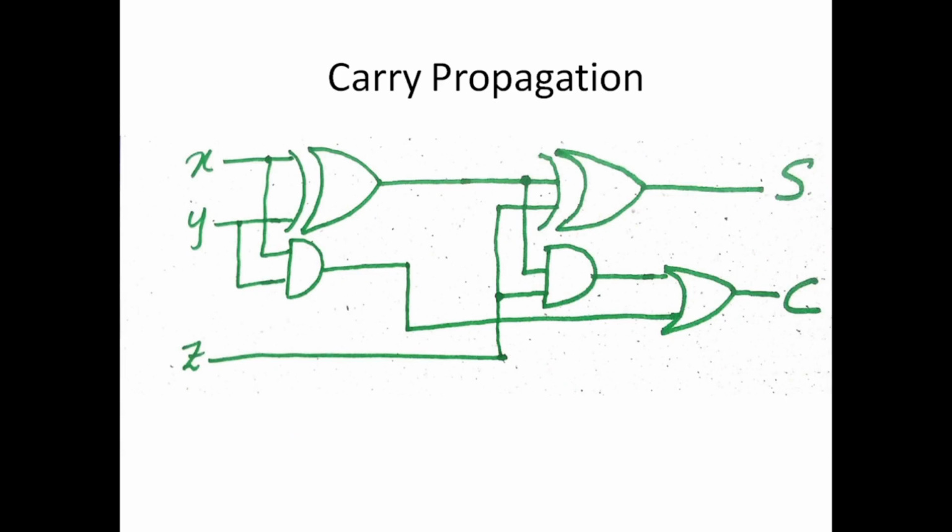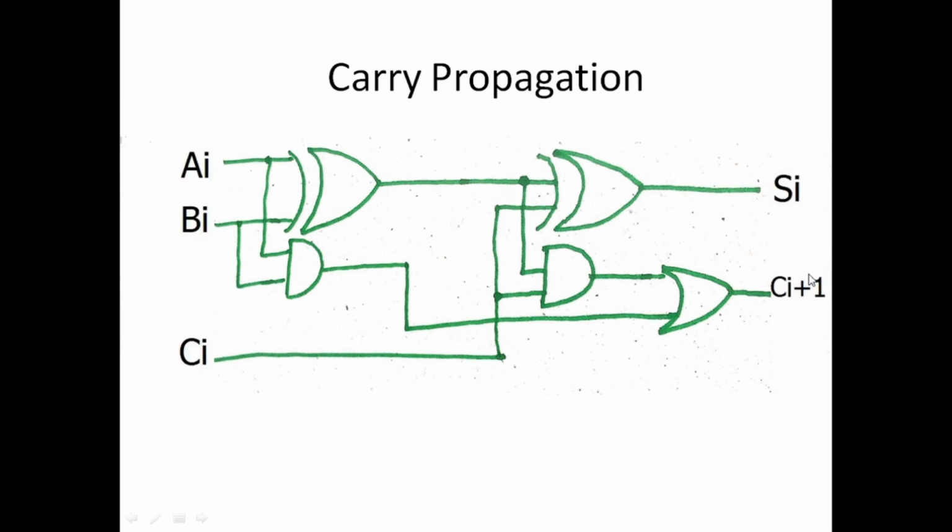To investigate these 3 carries, we have to look back to the full adder that we have used in these full adder blocks. If we look carefully at this full adder circuit, we have 2 inputs, the 2 bits X and Y, and we have the input carry, and then it creates the sum bit and the carry bit.